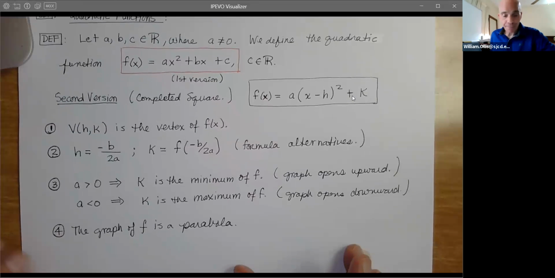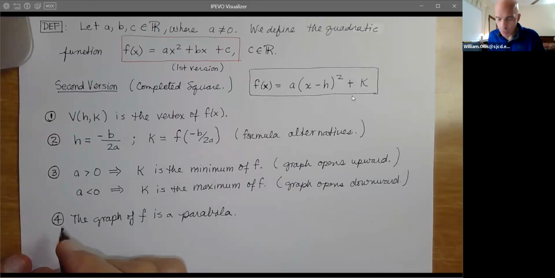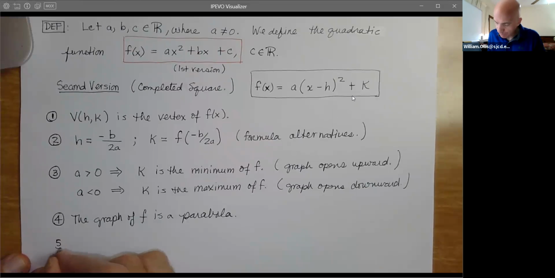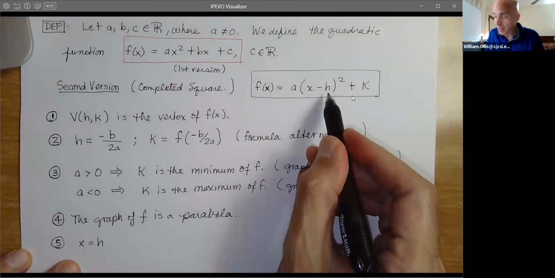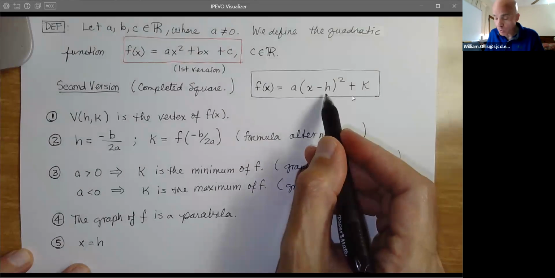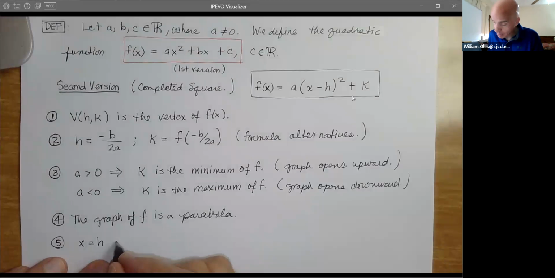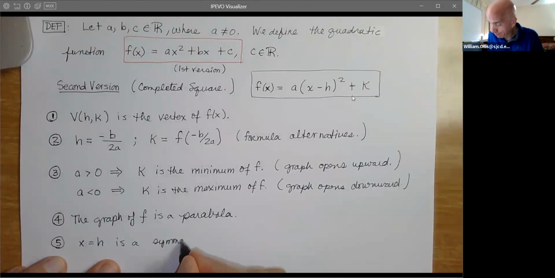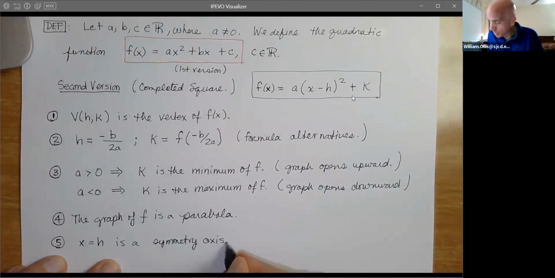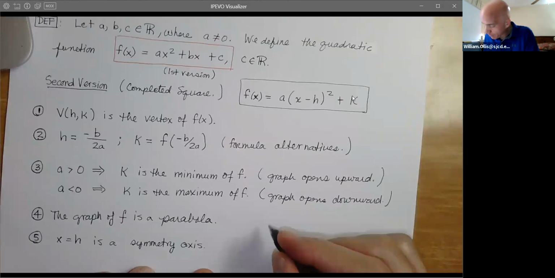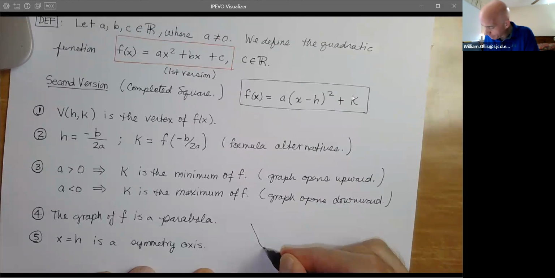And lastly, and this is just a little extra, x equals h, that is, the vertical line defined by the x coordinate of the vertex, is a symmetry axis. So it's like alluding to the even function, so to speak. We think of having a parabola, the vertex, something like that.